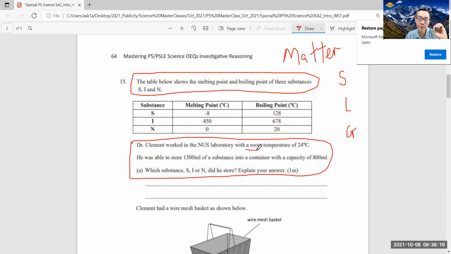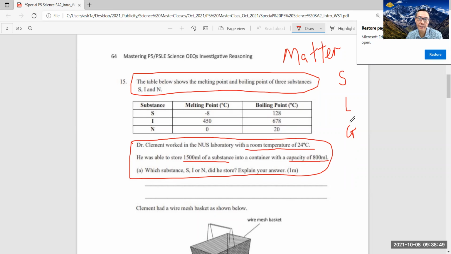If you have a hard copy of your paper, can you underline this part? The room temperature of 24 degrees, and this one, 1,500 ml of a substance, and capacity of 800. Mentally you must know that Dr. Clement is able to squeeze 1,500 ml of a substance into a container with a smaller capacity, 800.